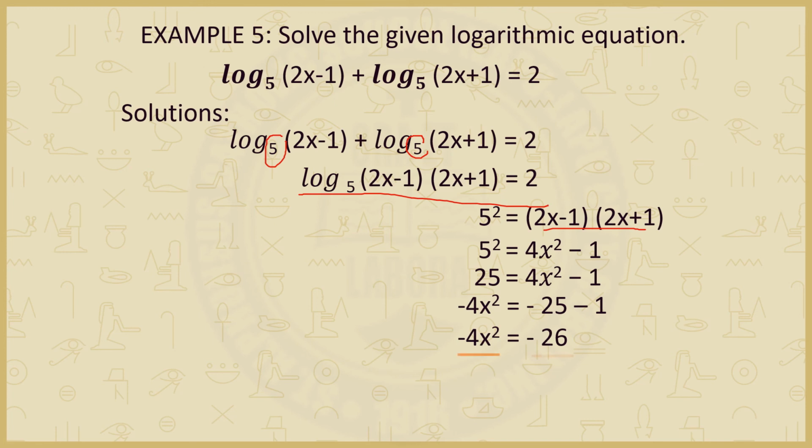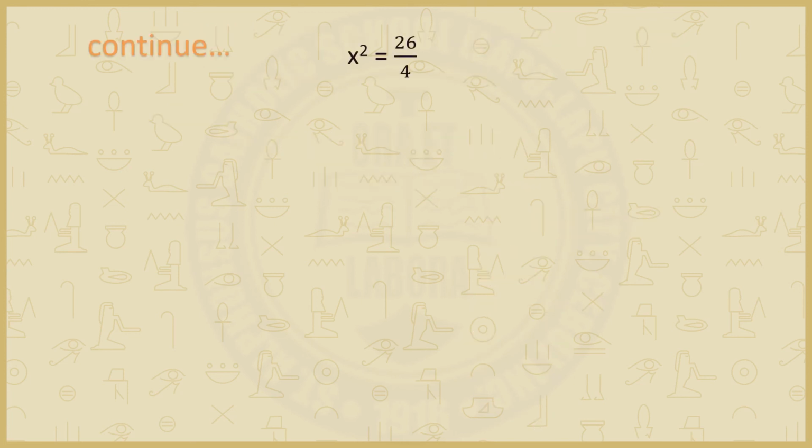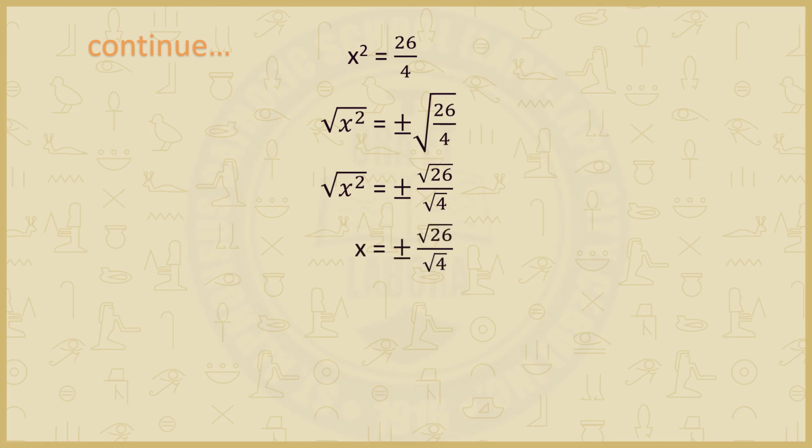Divide both sides of the equation by negative 4, and x squared is equal to 26 over 4. To get the value of x, we are going to use the square root property of equality. So you are going to take the square root of both sides of the equation, and this equation can be written in this form. And x is equal to positive and negative square root of 26 over square root of 4.